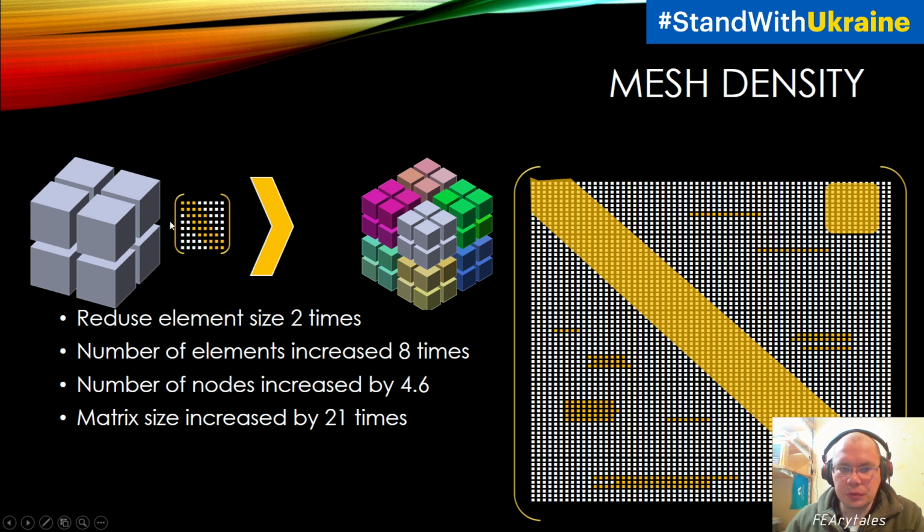If we reduce the element size 2 times, we obtain a mesh like this, and it increases the number of elements 8 times for hex elements. Almost 5 times more nodes, and the matrix will become like this one.